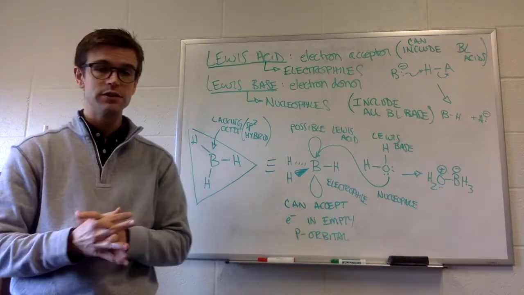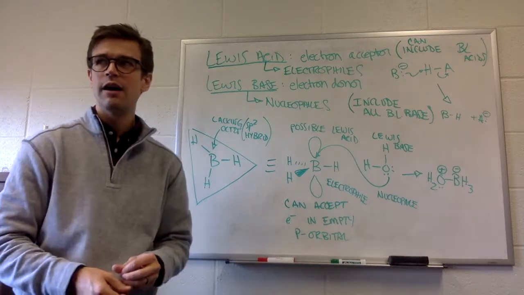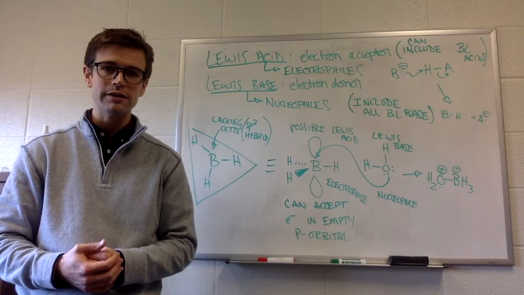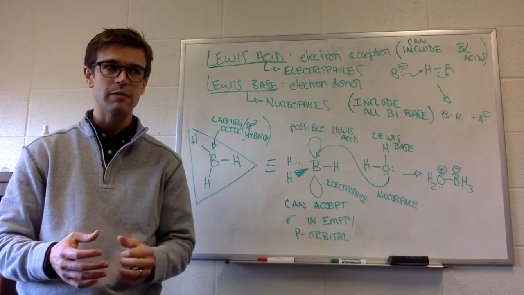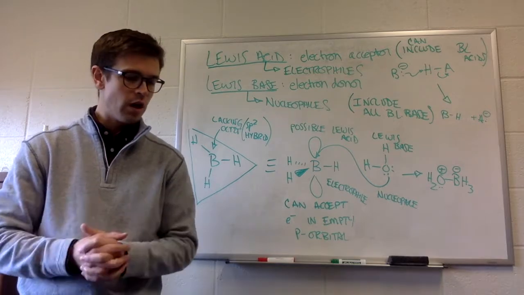So it might seem like one more additional piece of definitions, and it kind of is that, but it's important that we're always thinking about where the electrons are. That's the really important thing to think about.